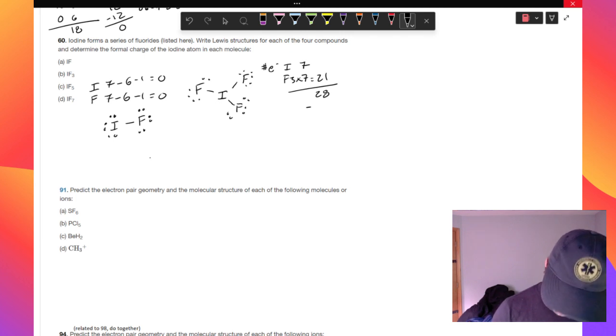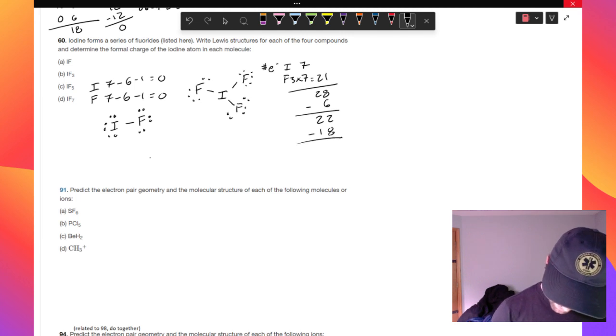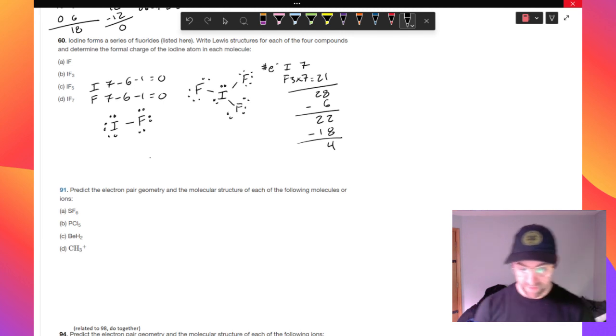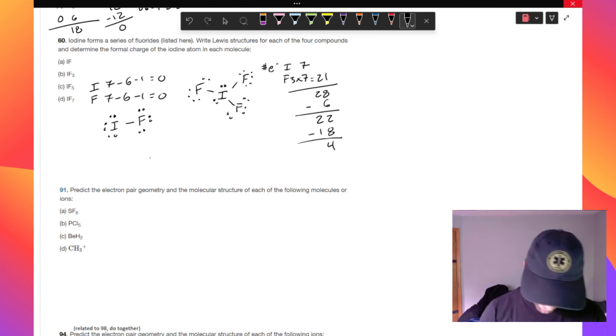Minus, we'll start with 6, gives us 22, minus, is that right? Yep, minus 18, gives us 4. Iodine is at or above group 3, so it can be hypervalent. That's fine. Let's look at our formal charges.